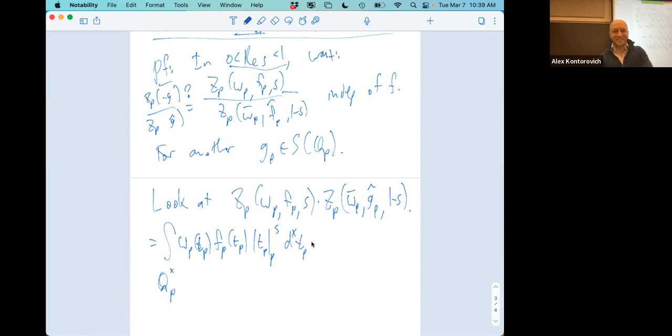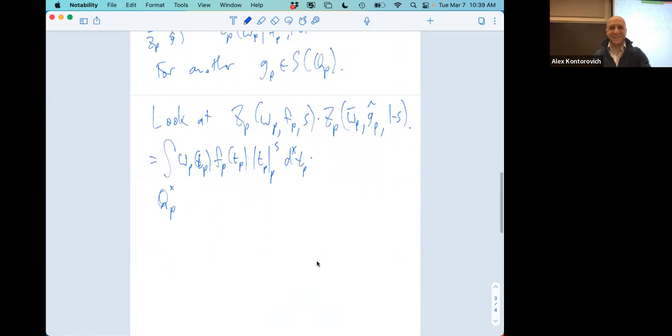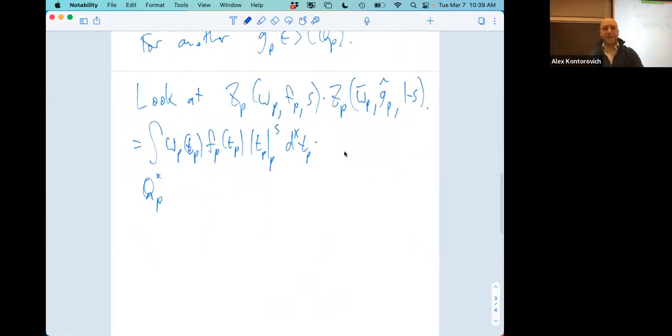All right, let's keep it as is. Times the same integral over Q_p cross, omega_p bar of some other variable, let's say u_p. That's the same thing as 1 over u_p, right? u_p is invertible, and omega is a character, so it's the same thing as 1 over u_p.